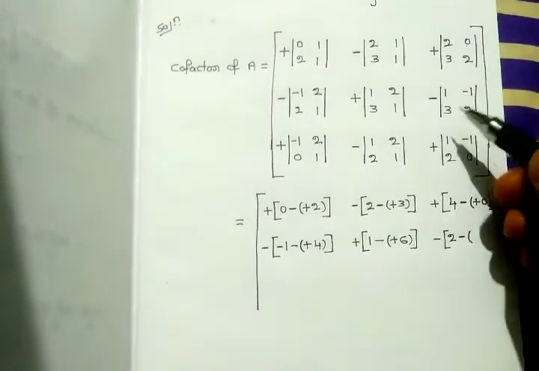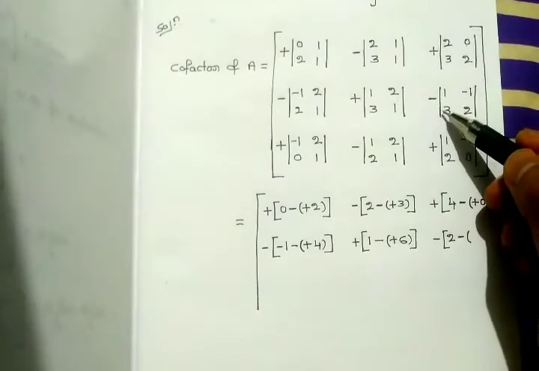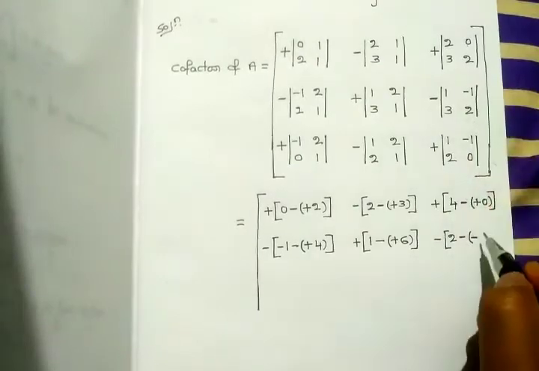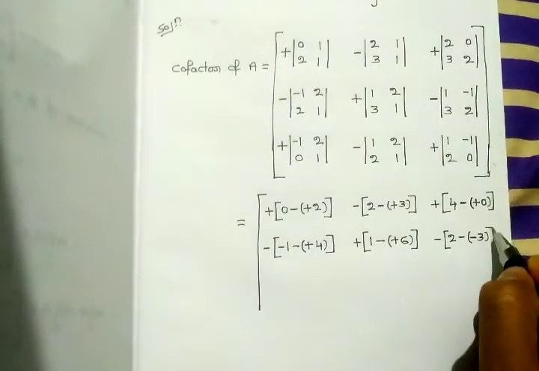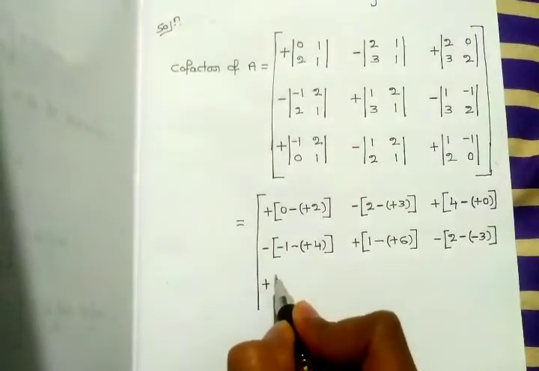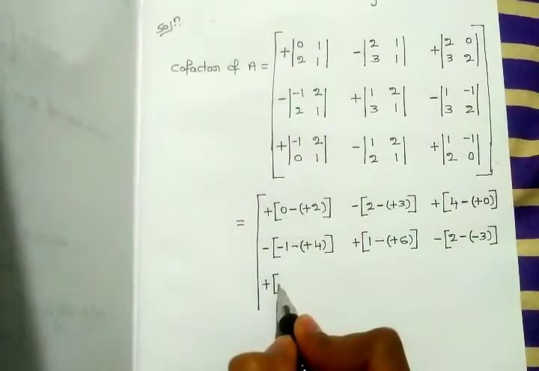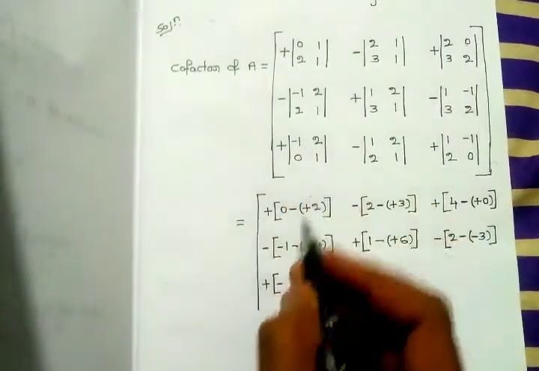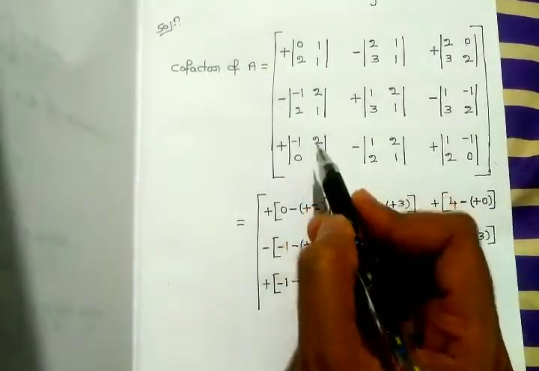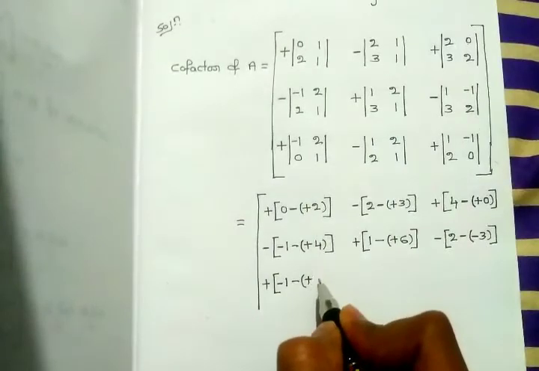Minus. Again in bracket, here plus sign, here minus sign. So plus into minus is minus, 3 into 1 is 3. Close the bracket. Next, plus sign, keep it as it is. Again in bracket, minus into plus is minus, 1 into 1 is 1, middle negative sign, plus into plus is plus, 0 into 2 is 0.